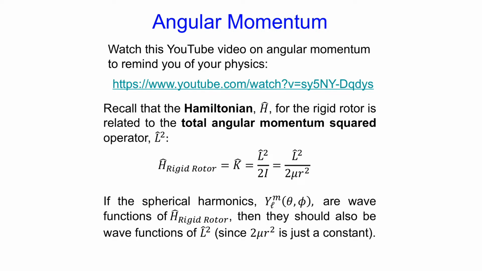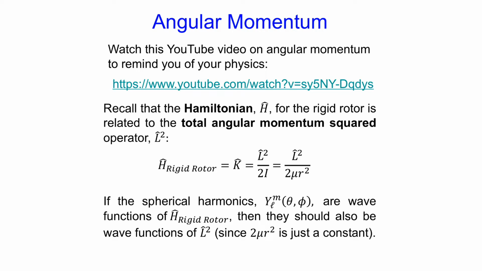We have already encountered angular momentum previously in our discussion, so hopefully you remember that our Hamiltonian for the rigid rotor is related to the total angular momentum squared operator, L squared. Be careful there: total angular momentum squared, not just the angular momentum.